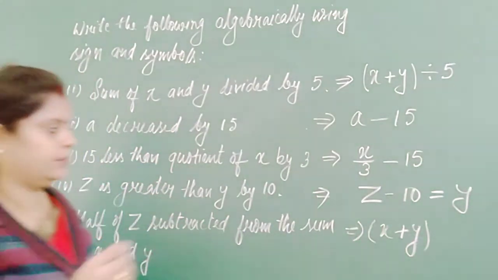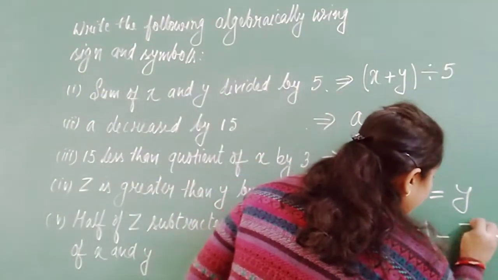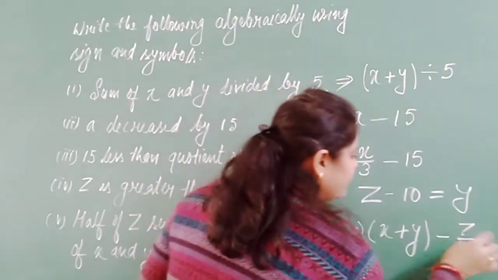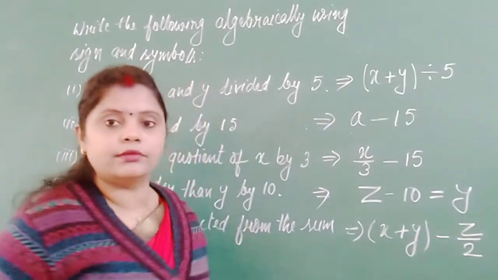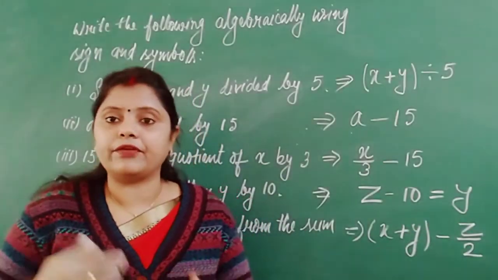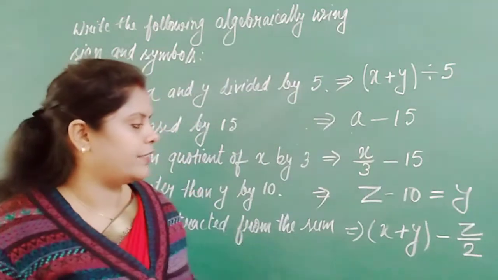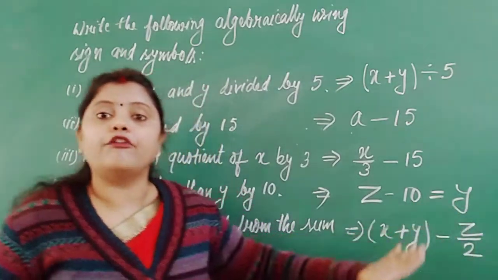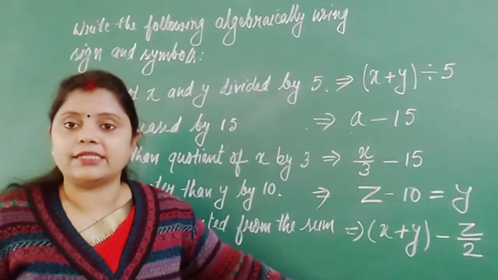Half of z. So from here we are subtracting half of z. Obviously half of z means z by 2. Don't you think so? For making half we are dividing by 2. So this is what they have said, that half of z is subtracted from the sum of x and y.